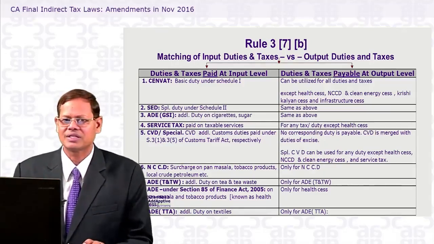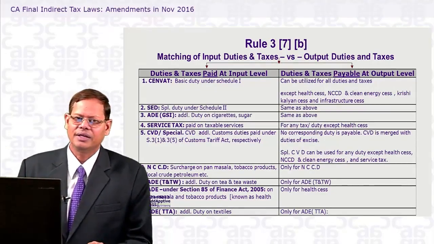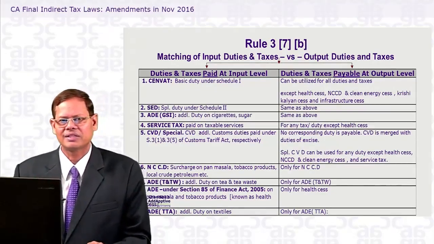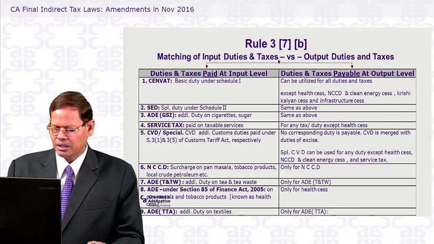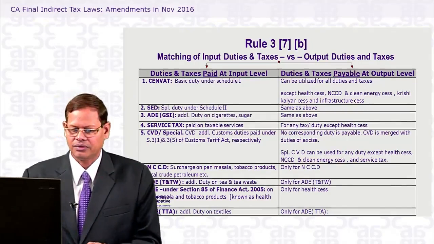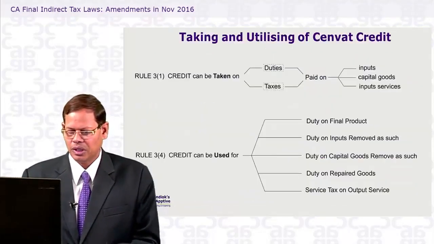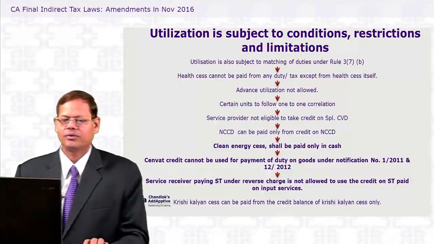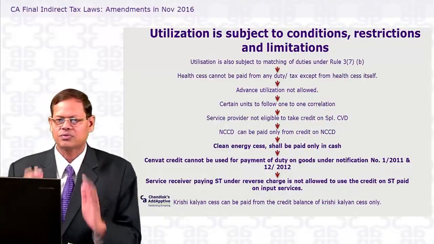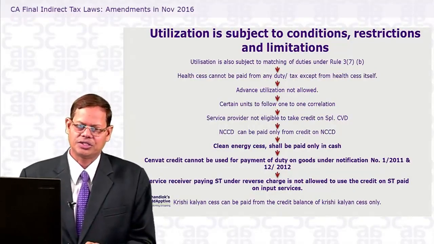NCCD can be only for NCCD, nothing else. Health cess can be used only for health cess and nothing else. You should understand this very clearly and carefully, subject to conditions and limitations. Read these carefully, because this forms the core part of the utilization.